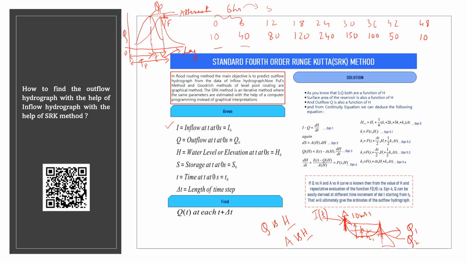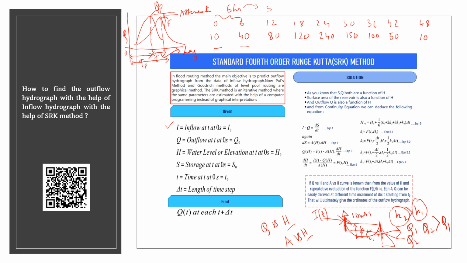So you will find that if H2 is greater than H1, then Q2 will also be greater than Q1. Because the potential energy stored in H2 is greater than the potential energy stored in H1.